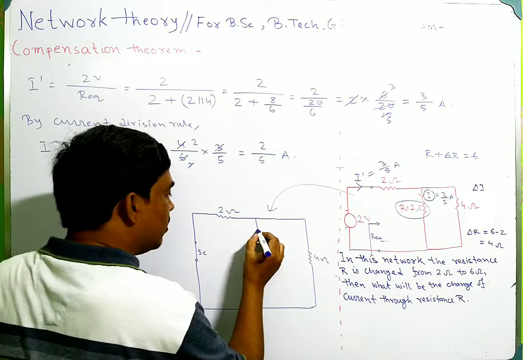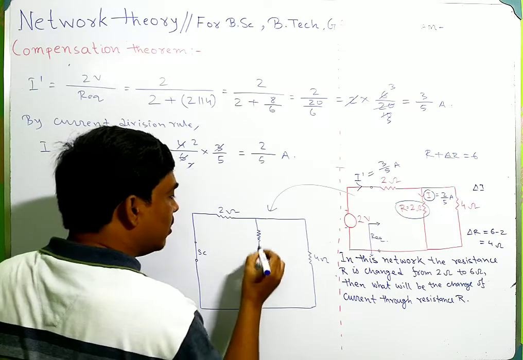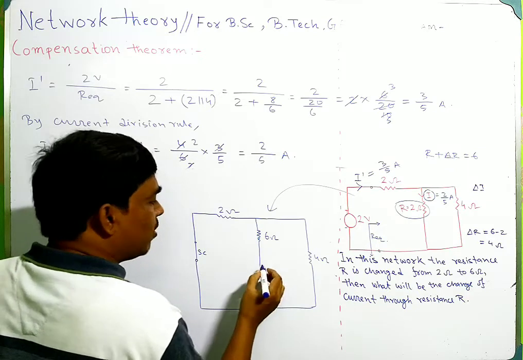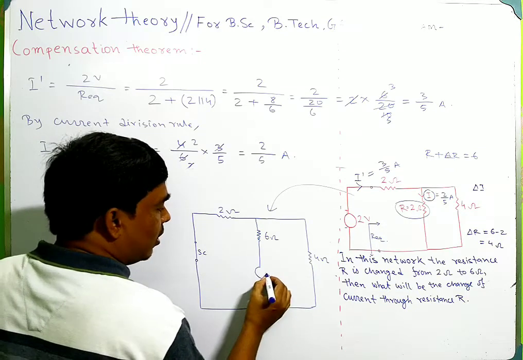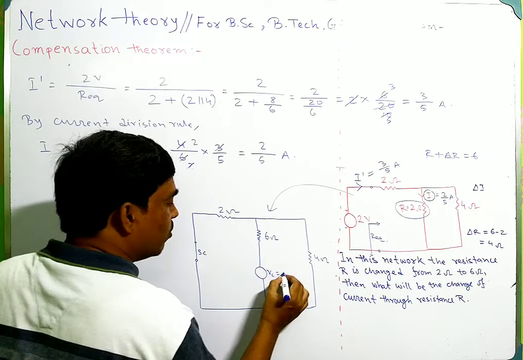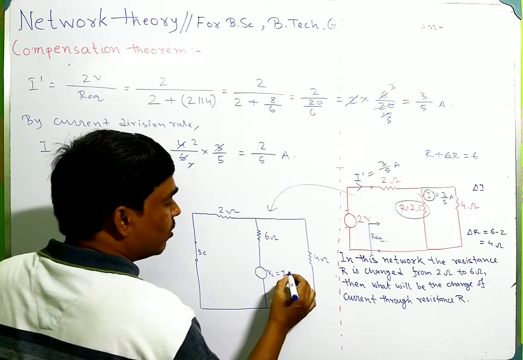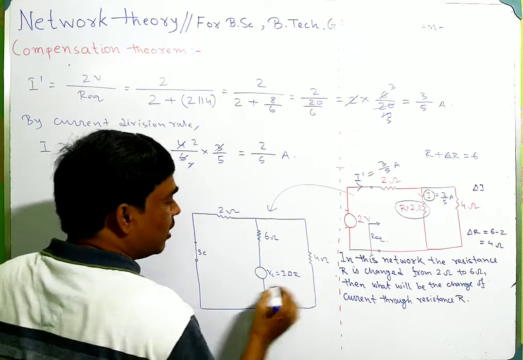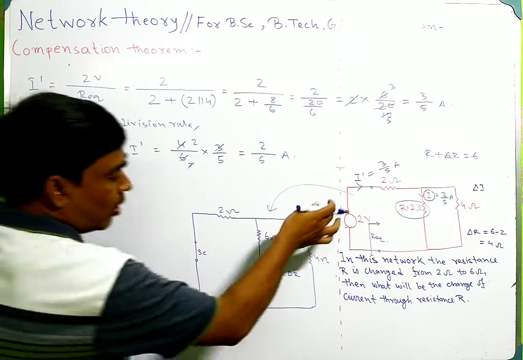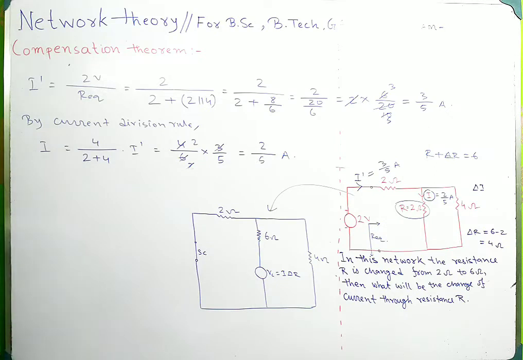So this resistance is 6 ohm, and with this 6 ohm the voltage source Vc is equal to I into del R. This is the equivalent network by using compensation theorem.